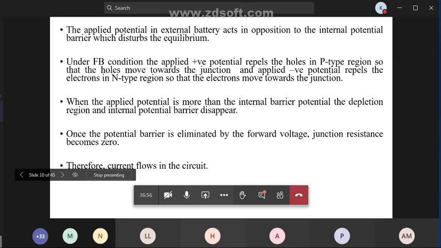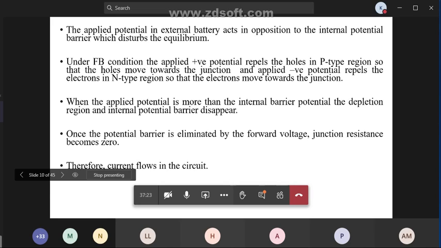See here, when the applied potential is more than the internal barrier potential, the depletion region and internal potential barrier disappear. Once the barrier potential is eliminated by the forward bias voltage, the junction resistance becomes 0.